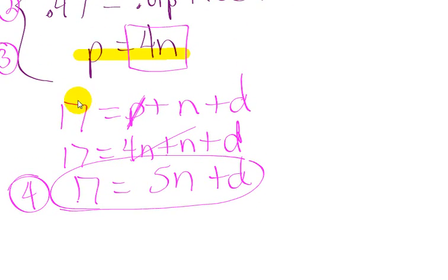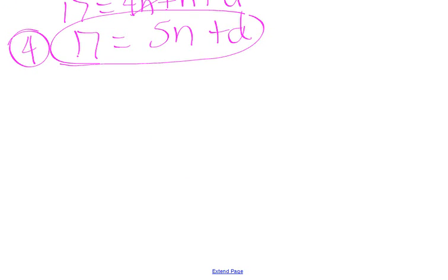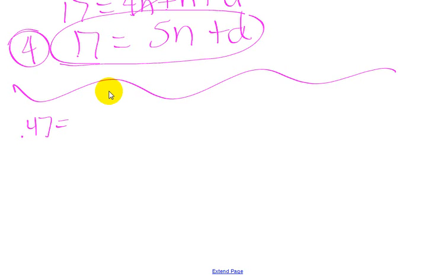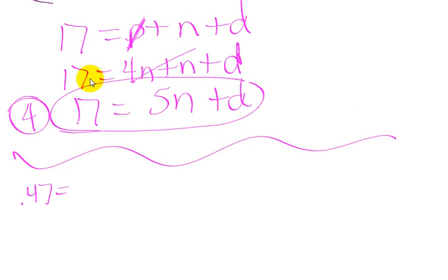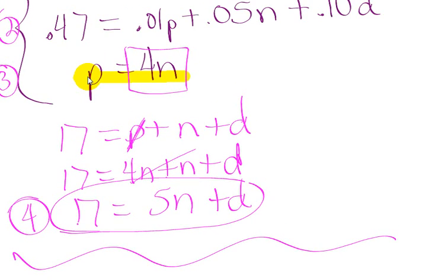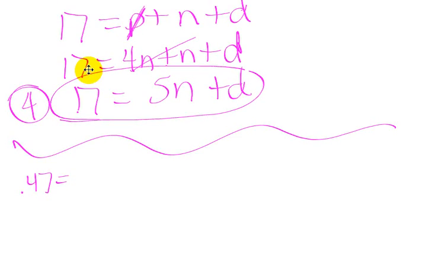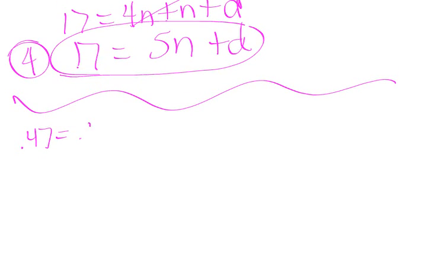So for equation 2, we have 0.47 equals 0.01p plus 0.05n plus 0.10d.